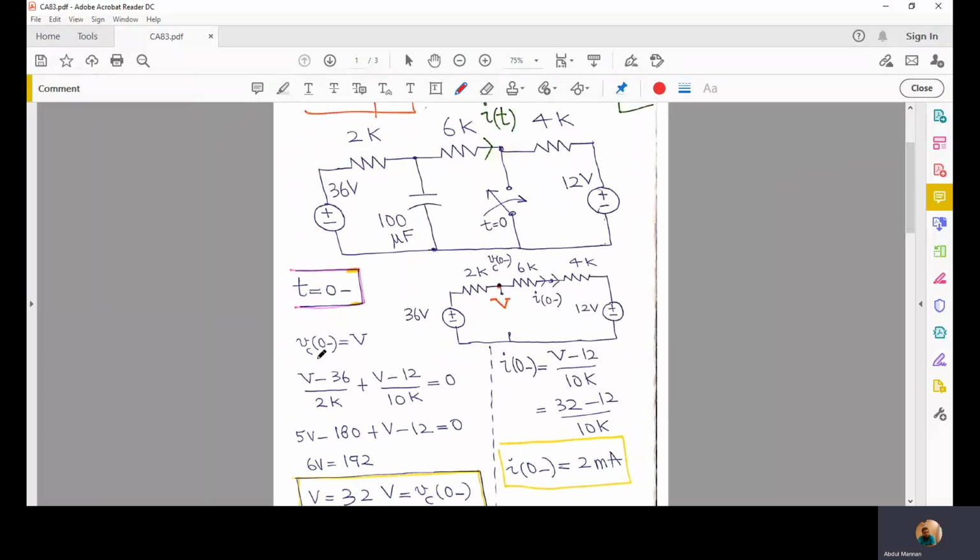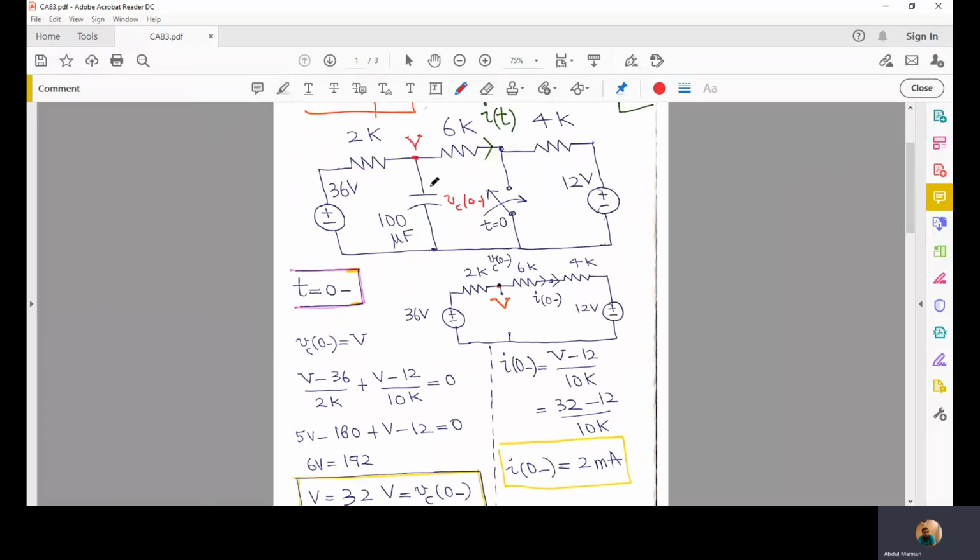So we're finding V across C, this voltage, V across capacitor at 0 minus. To find this voltage, we'll assume a node here and we'll assume the node voltage to be equal to V.